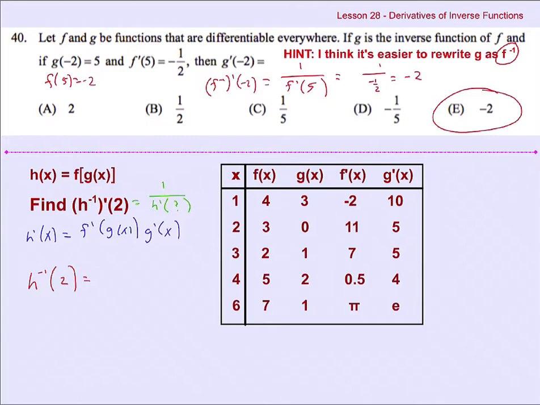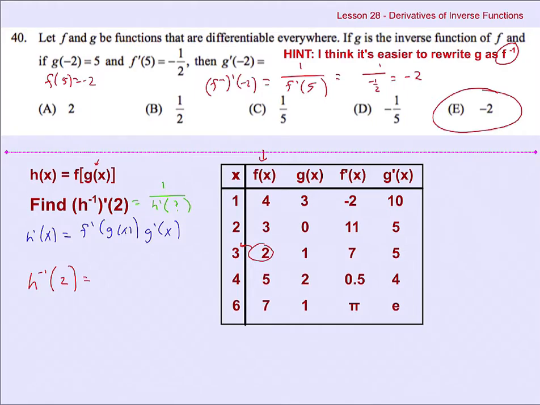And if the result of that is supposed to be 2, I just need to look down the column for f of x and say, what number has a result of 2? 3 has a result of 2, which means that g of x, in order for f of g of x to turn out to be 2, g of x must be 3.